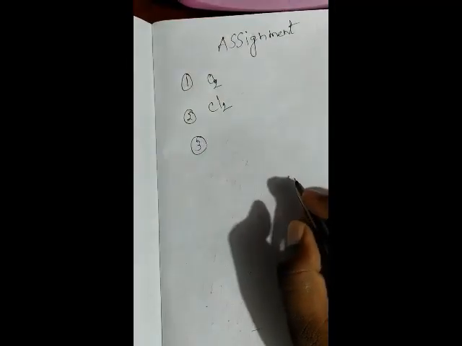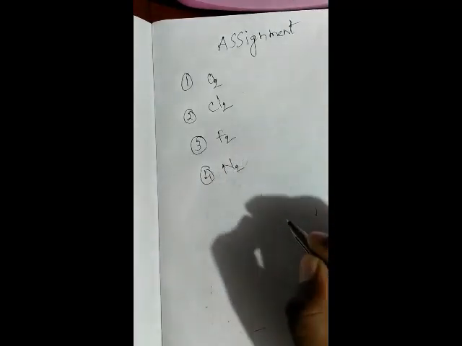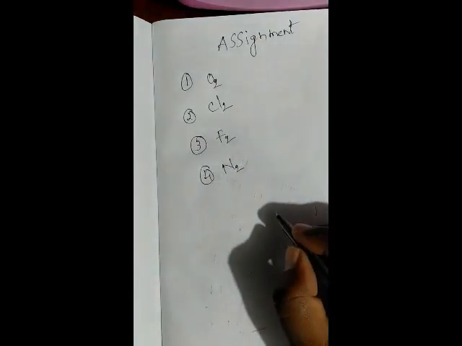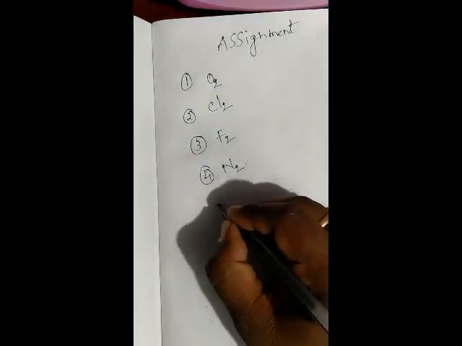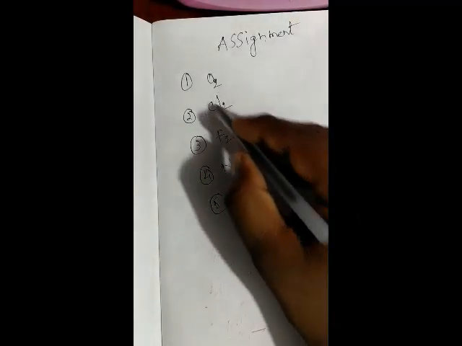Third one is F2. Fourth one is N2. And fifth one is CH4. This one is different, because here different atoms are there.